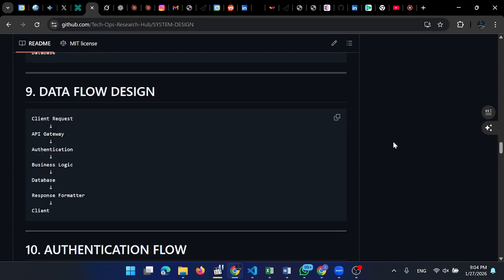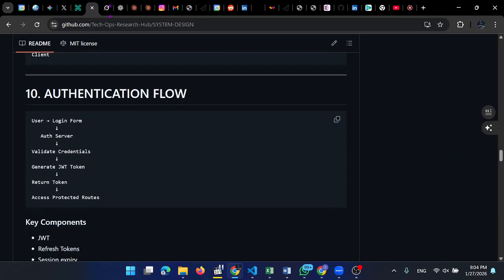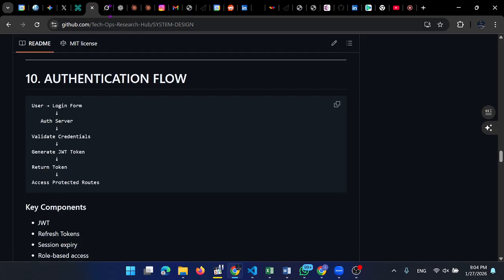I was talking about data flow design, and so far we've been able to look at what we call client request, API gateway, authentication, business logic, database, response formatter, and then also we have client. Then we have what we call authentication flow. So this is a very interesting area to look at because first and foremost, you're able to look at the user, then the login form, and then the login form takes you through the authentication server.